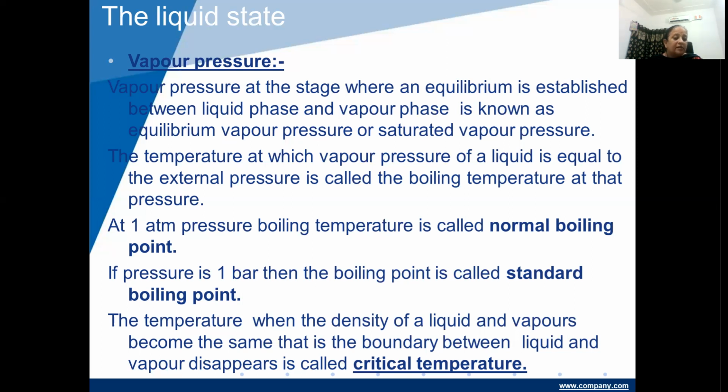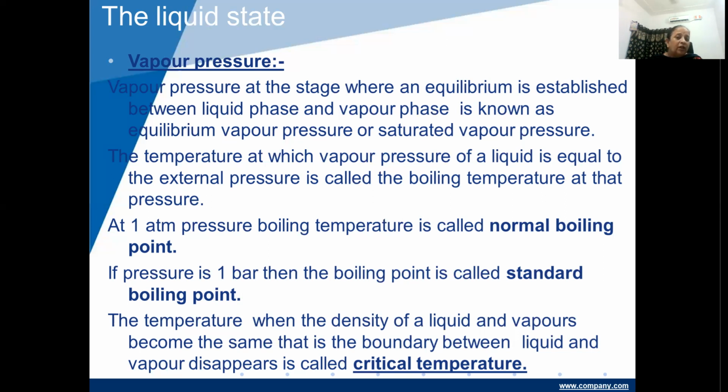The temperature at which the density of a liquid and its vapors become the same, that is, the boundary between liquid and vapors disappears, is called the critical temperature. Now, in hilly areas, when we go to higher altitudes, atmospheric pressure becomes low. As the atmospheric pressure is low, the boiling point of the liquid also decreases.